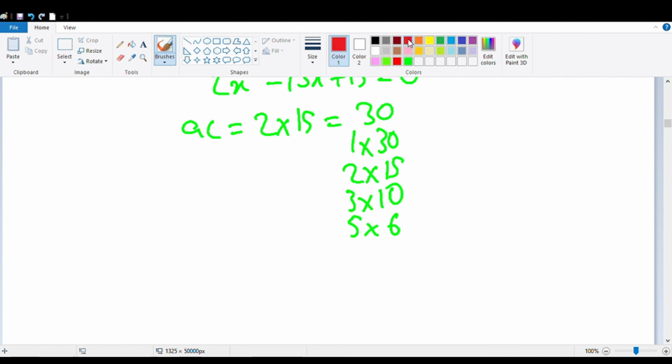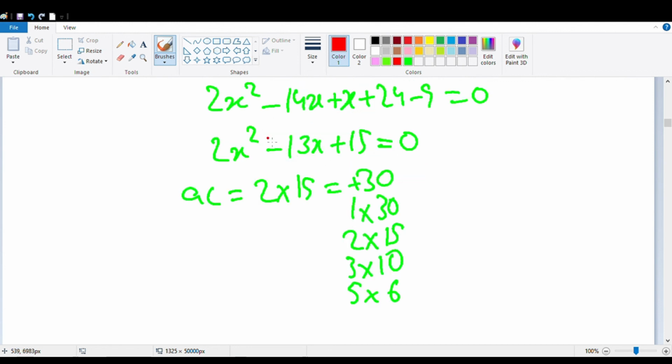So what we can see here is that B is negative and the product is positive. So that means that both of the factors in the pair must be negative. So let's write our scenarios down.